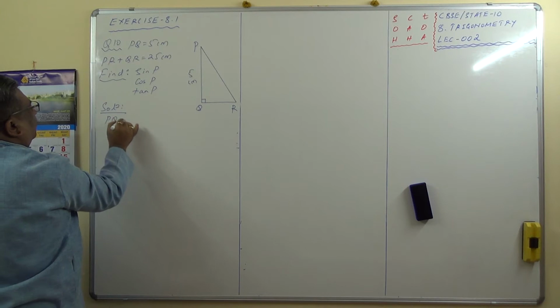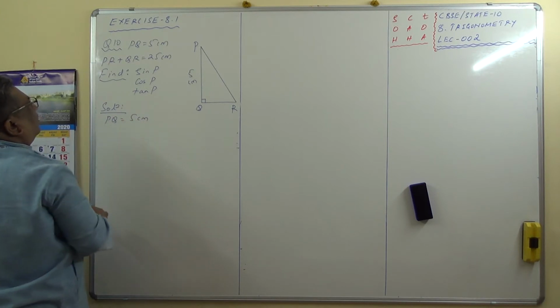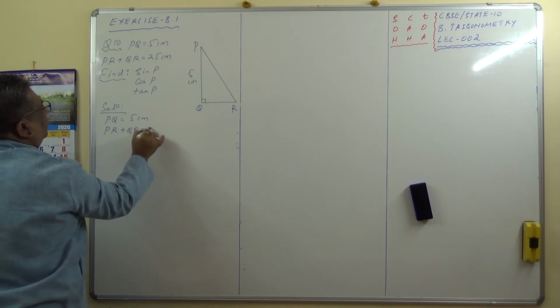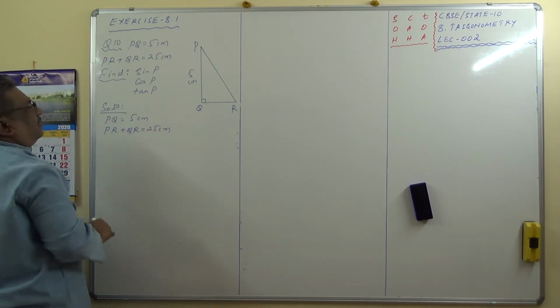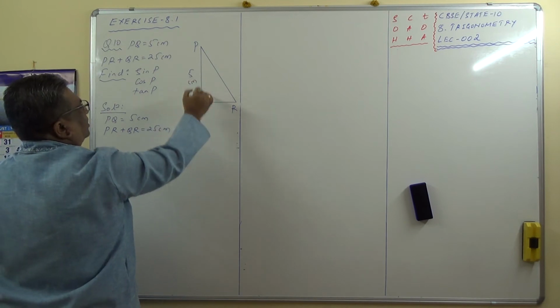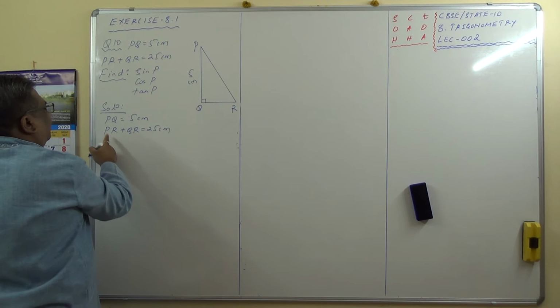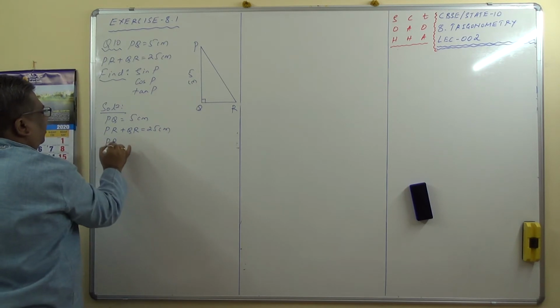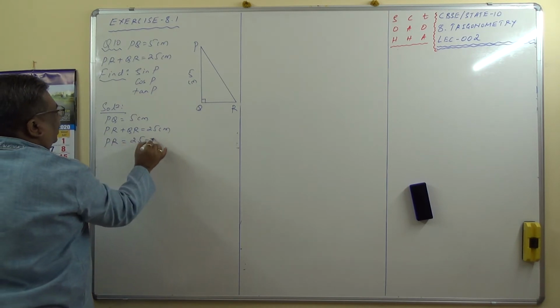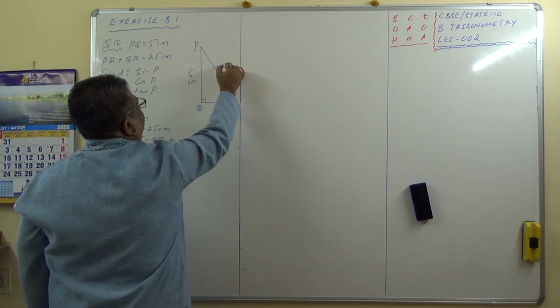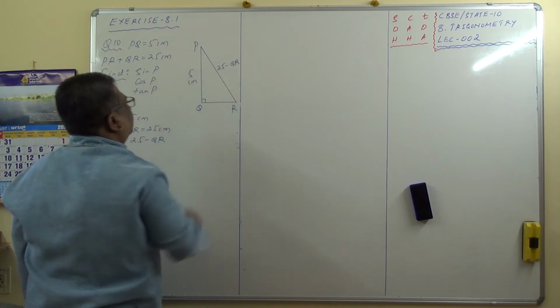PQ equals 5 centimeter. PR plus QR equals 25 centimeter. So can we find out PR equals how much? PR equals 25 minus QR.